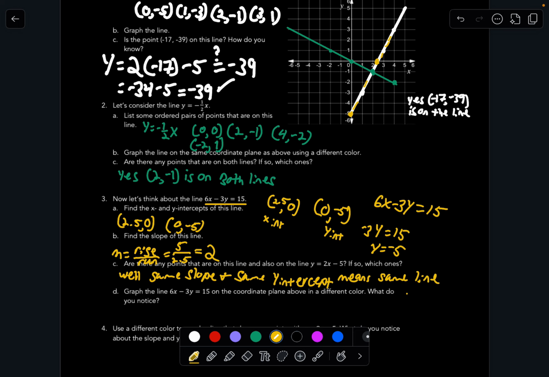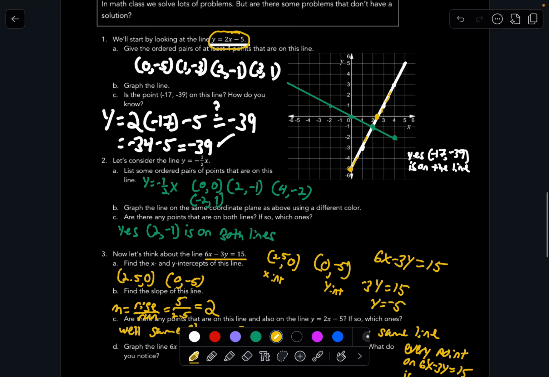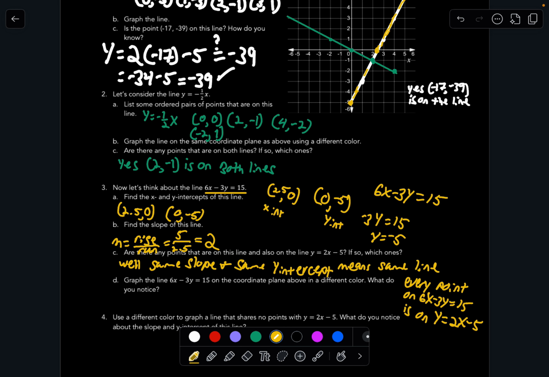So every point on 6x minus 3y equals 15 is on y equals 2x minus 5, because they are the same line. They have the same slope and the same y-intercept, and if you were to plot them, they would be on top of each other, as is indicated by this. Above in a different color, what do you notice? Okay, it's the same line.